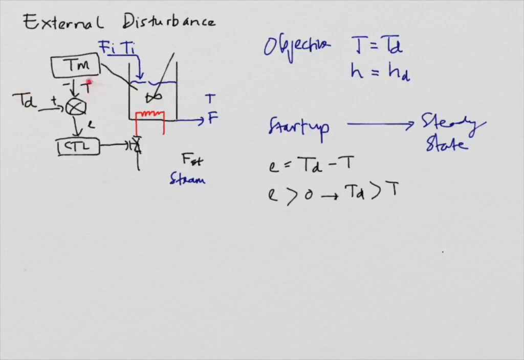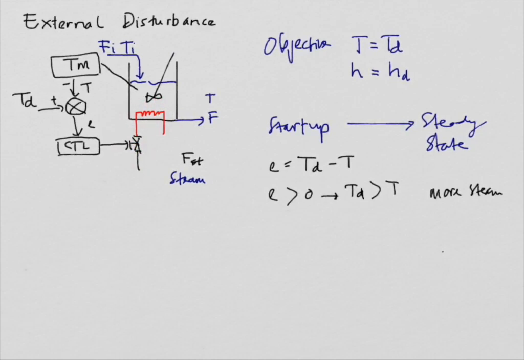We need more steam. So when we get an error greater than 0, that means Tt is greater than T, we need more steam. So the controller will translate the error into a signal to open the control valve, so more steam flows into the system.